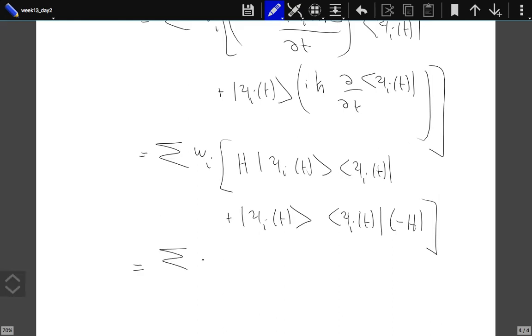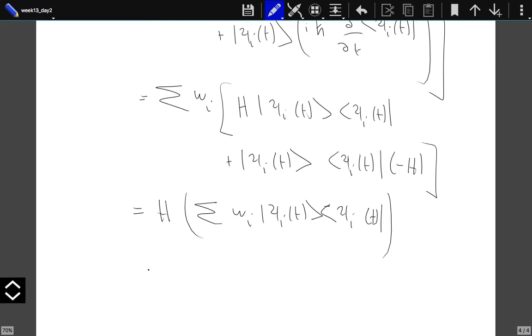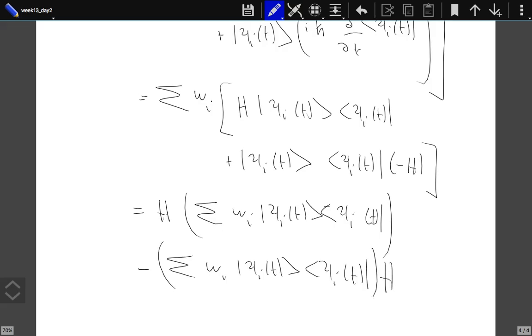So this is H multiplying omega_i psi_i(t) psi_i(t), minus omega_i psi_i(t) psi_i(t) multiplying by H from the right.